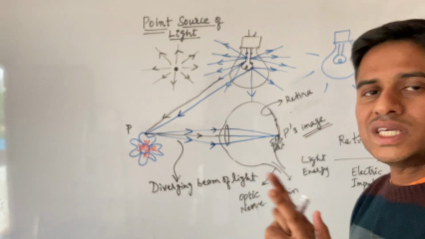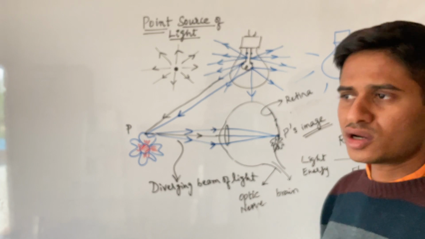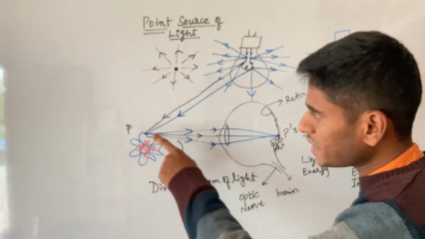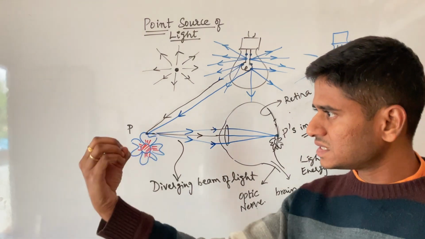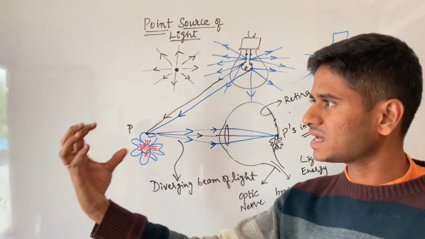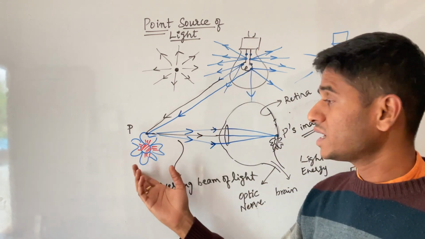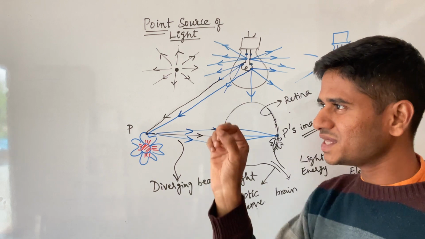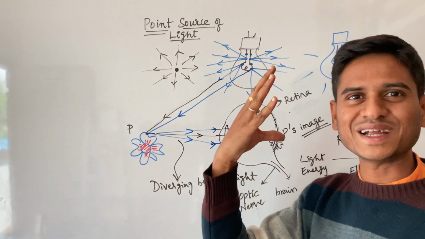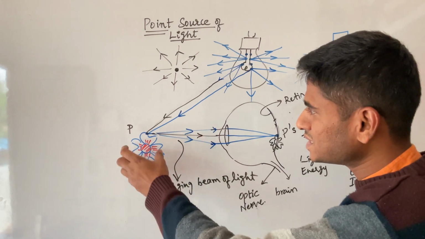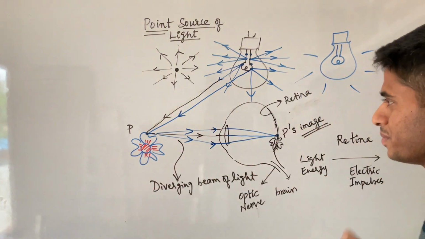In order to see any object, what is very important is, from every point on the object, there is a diverging beam of light. So an object has to give out light. That means every point on the object is giving out light. That's how the entire reconstruction of the object is happening here.